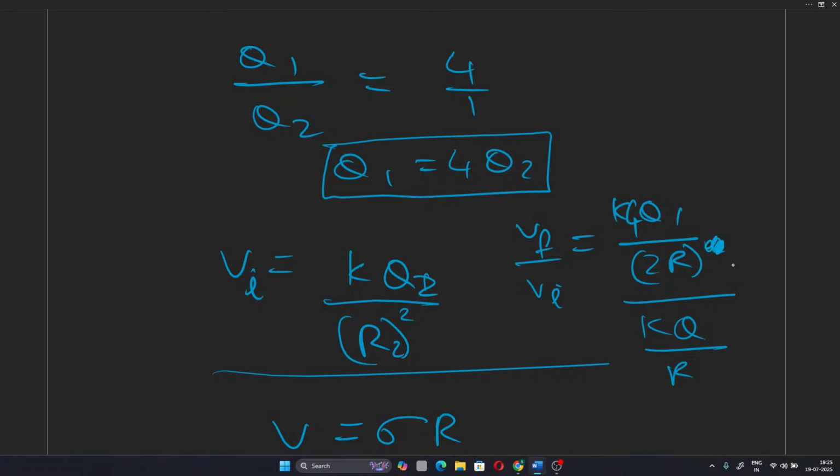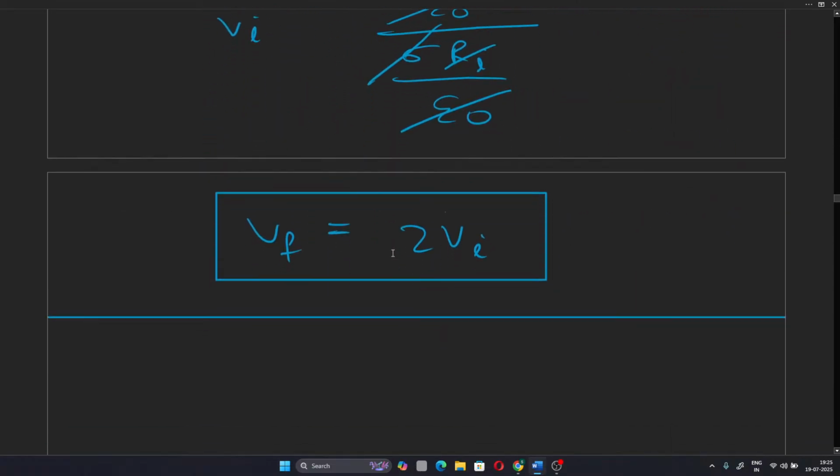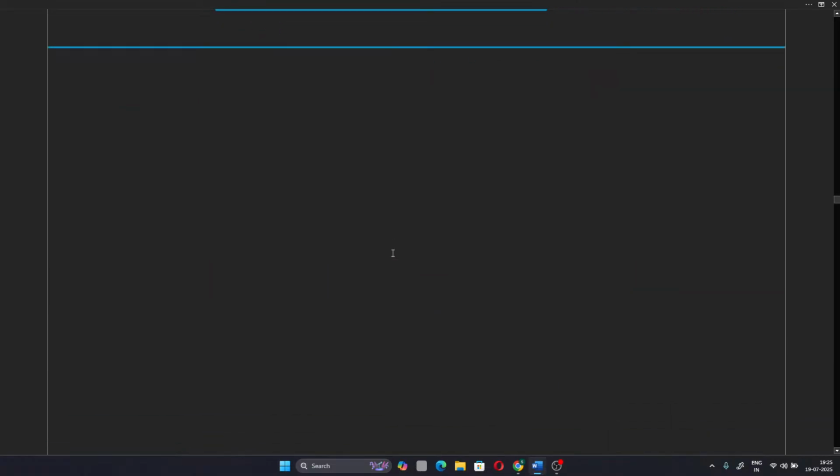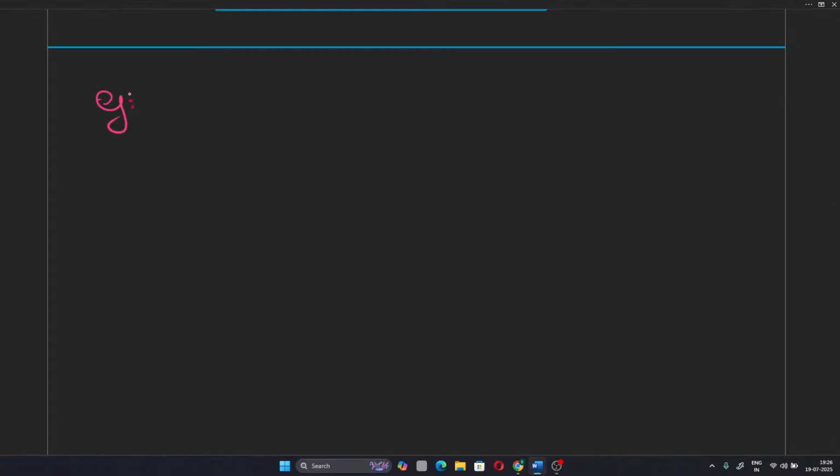The kq by r cancels, so V final equals 2 V initial. This is also a correct way, but it is a bit longer compared to the direct formula. Okay, let's go to the next question.